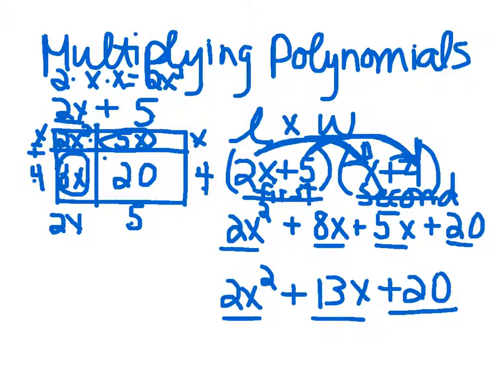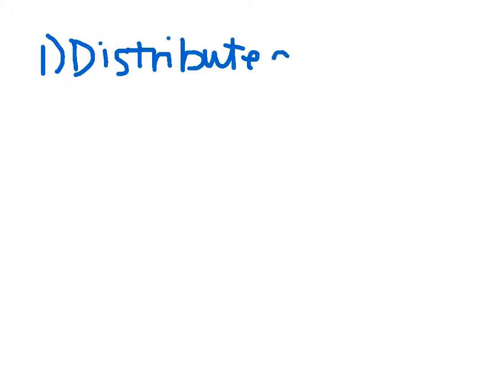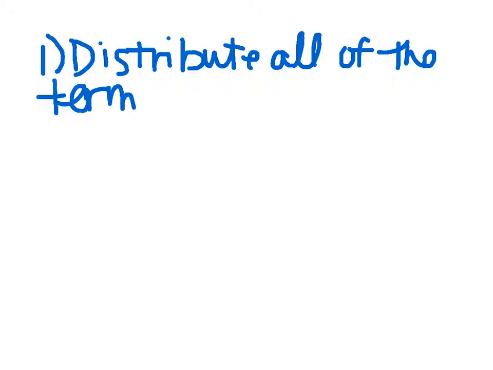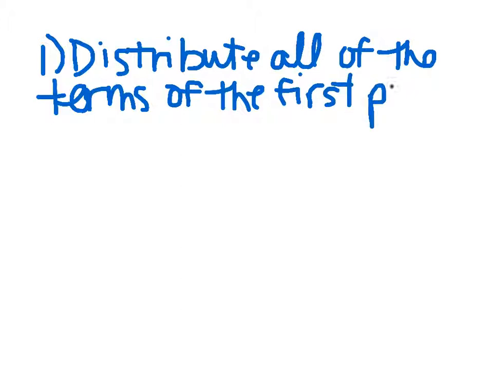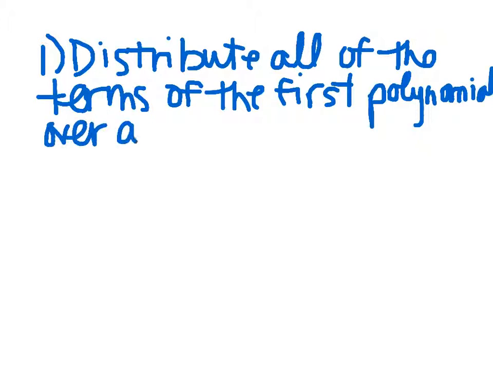So let's write down, to multiply a polynomial by a polynomial, the first thing you want to do is distribute all of the terms of the first polynomial over all of the terms of the second polynomial.